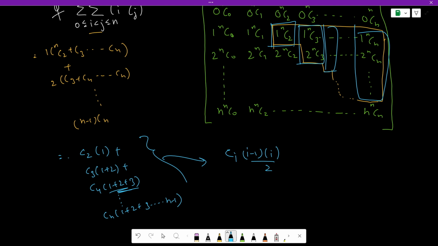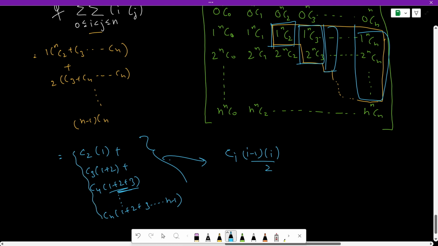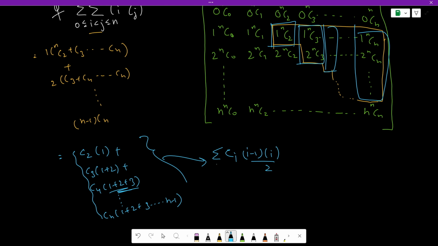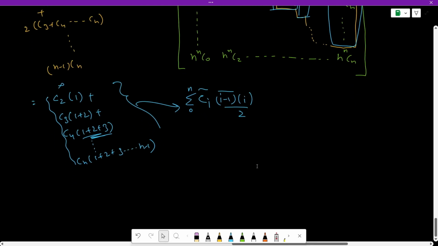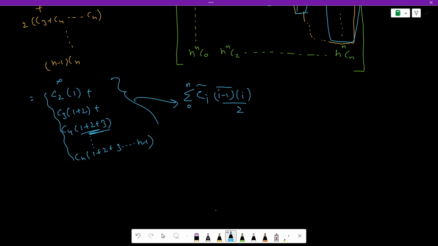And what we need is to add all of them, so this will be summation. i we can keep from 0 to n, because if we keep 0 this will be 0 and this expression will become 0, so it doesn't matter. Even for 1 this term will become 0 and the overall term will become 0, so we can write it as 0 to n, so that in later steps we can get the complete summation series and use the formula directly, right?